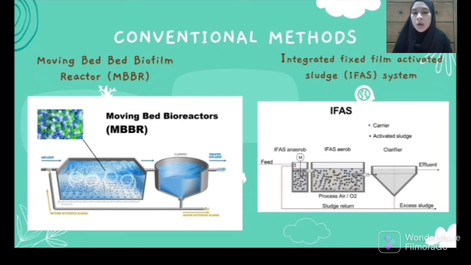A combination of advanced biological processes such as MBBR and IFAS systems, followed by solid separation prior to discharge, could be the most practical technique.